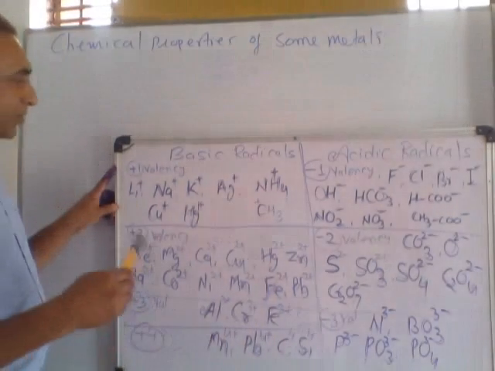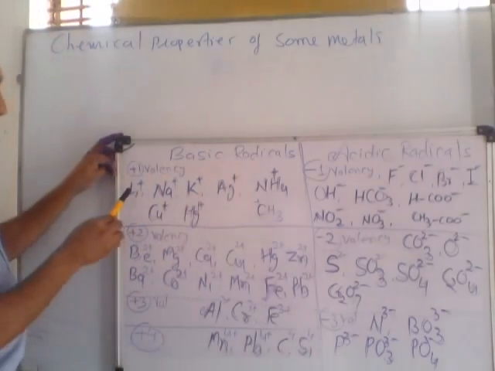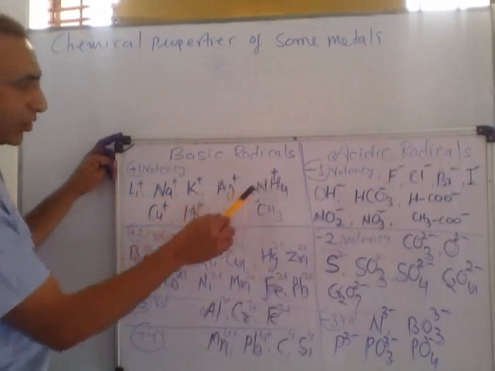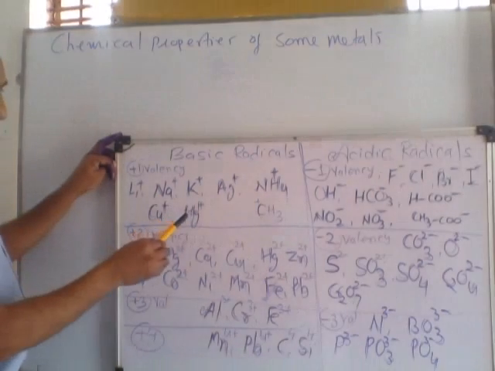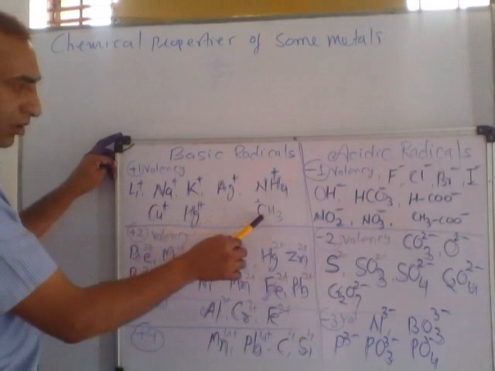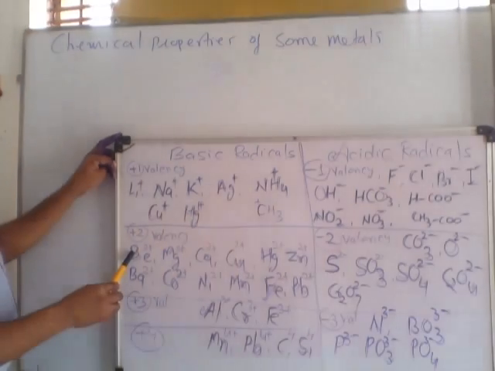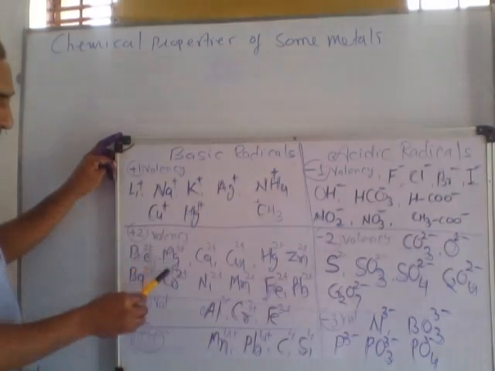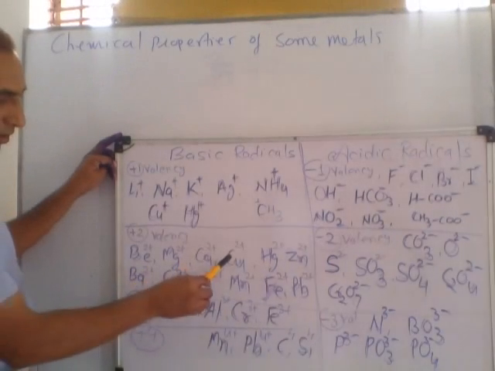I am speedily repeating the names: lithium, sodium, potassium, silver, ammonium, Cu plus 1, this is called cuprous, Hg plus, this is called mercurous. The plus 2 valency radicals are beryllium, barium, magnesium, cobalt, calcium, nickel.